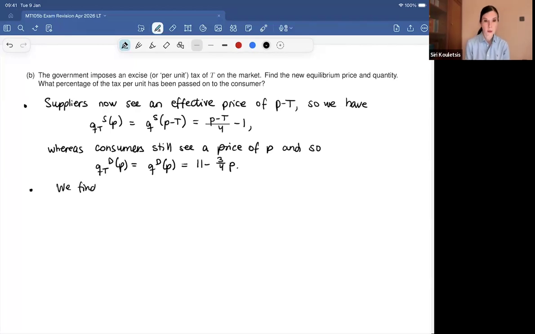And then, as we said, we find the new equilibrium price now, just like we did in part A, by equating these two expressions for Q. So let me call this P_T star.